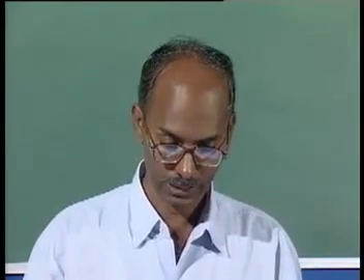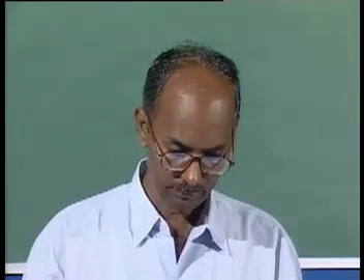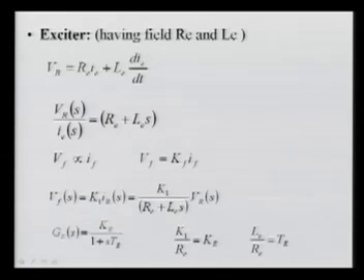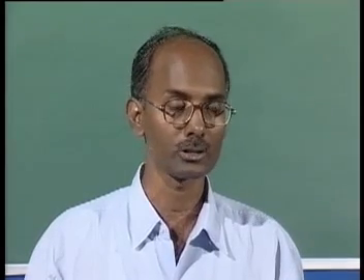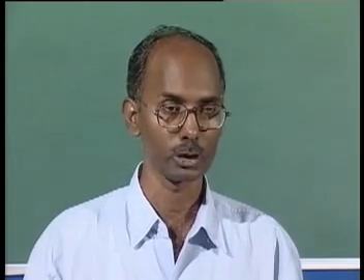We also saw the modeling of the exciter, and while modeling the exciter, I said that we can have a transfer function, and that is the transfer function of the exciter, Ke upon 1 plus sTe. Please note that there are several other limiting values, even though we have not considered the excitation saturation effect.